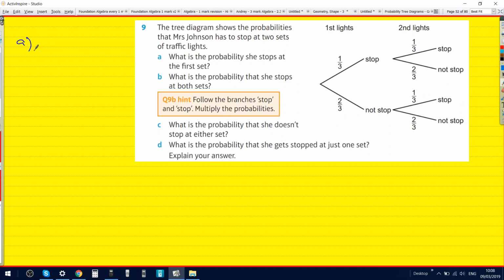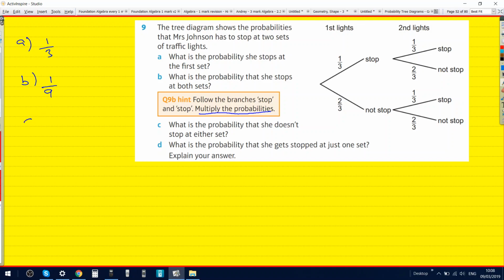What's the probability she stops at both sets? Is it 2/3? That would be if you were adding across. Oh, multiply. Okay, so it'd be 1/9. So it's like the 7 times 7, a third times a third.